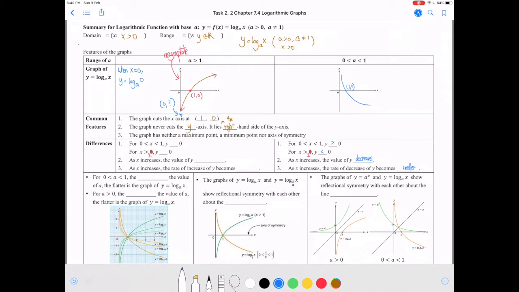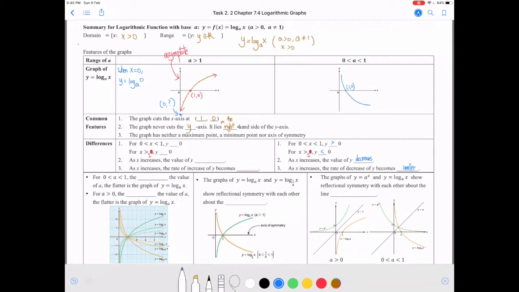So what is the y value? We know this is impossible, because the domain already tells us x must be greater than 0. But let us just claim that it is possible. Then can we change it to exponential form?